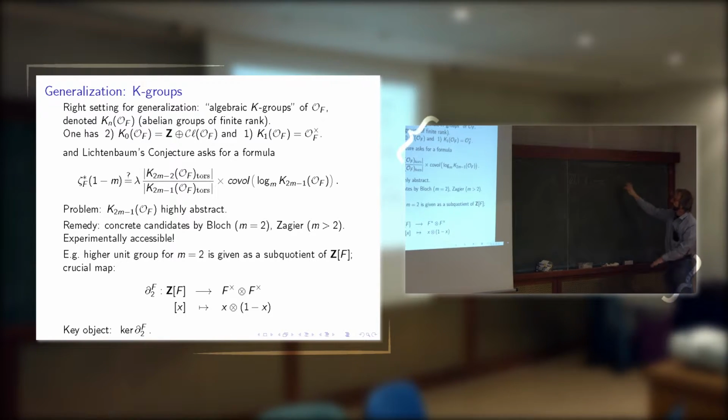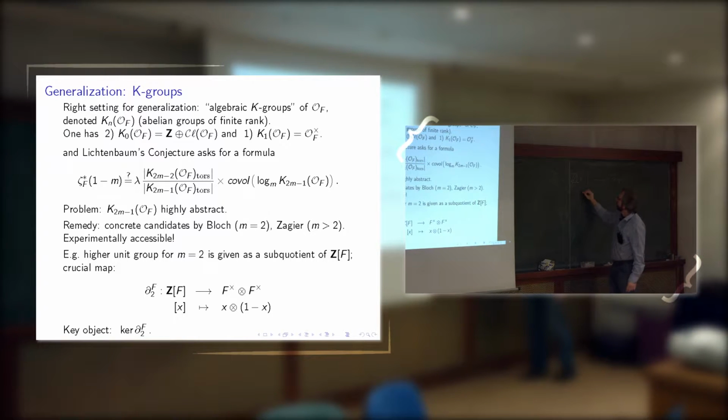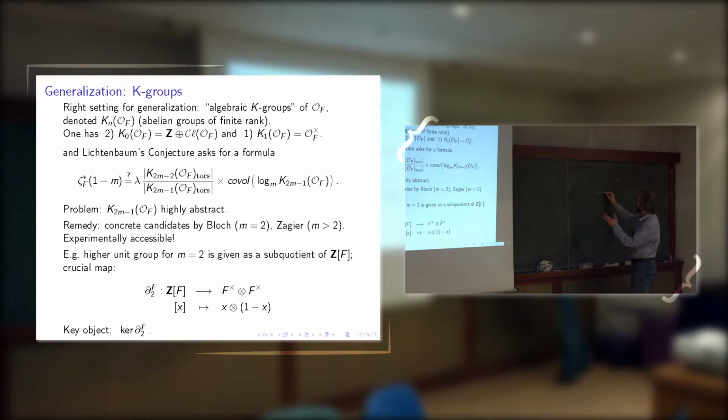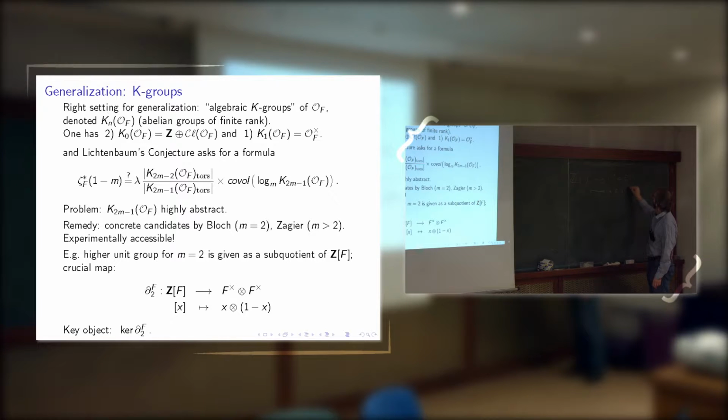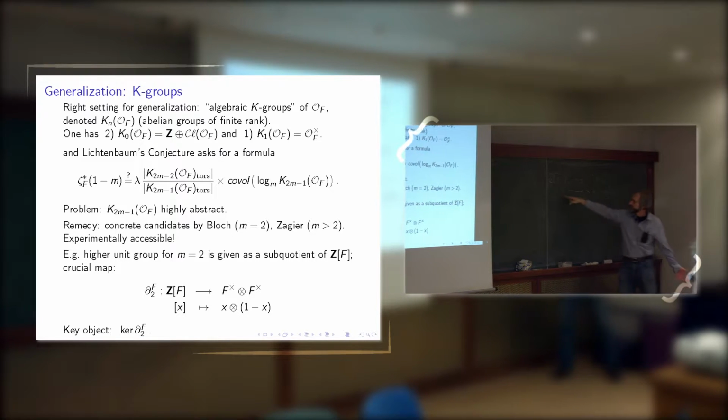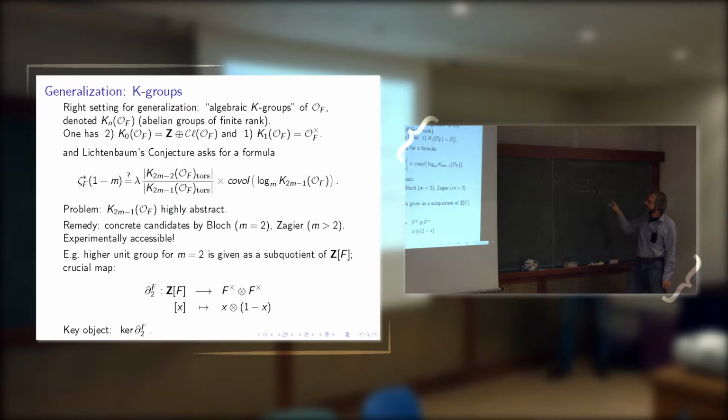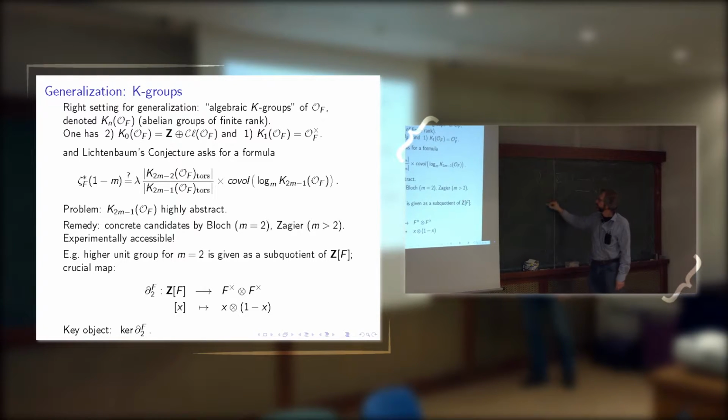For simplicity, I take this target; there is a slightly more computationally convenient target. All you need to understand is the map sending a generator x to x tensor 1 minus x, and then linearly extend it.